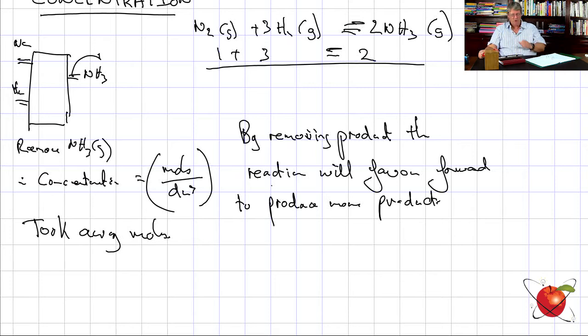Correct? It will try and fill the gap. So as long as there's enough nitrogen and hydrogen in that tank over there, it will keep going. Okay? So as I keep removing it, it's using up what's left.